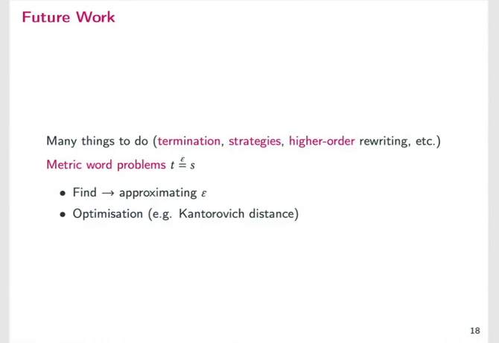But one that I would like to mention among those is the study of metric word problems, which essentially means that we have these quantitative equations and we want to find rewriting strategies to approximate, or even to exactly compute, the distance given by that equation.